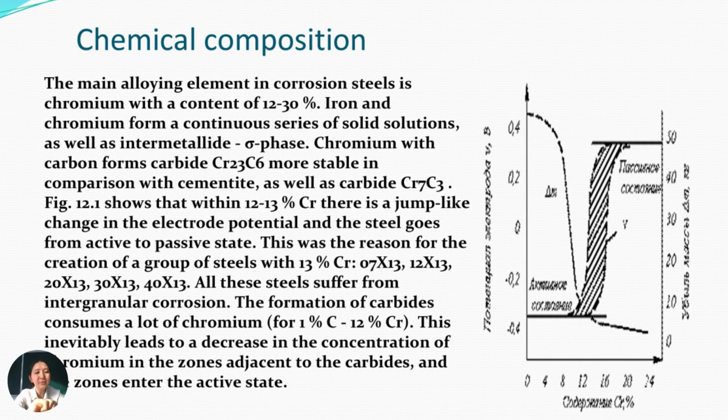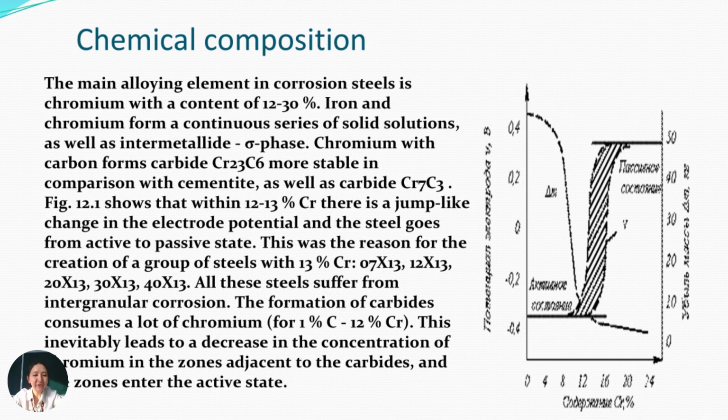Okay, the figure shows that within 20 and 30% chromium there is a jump-like change in the electrode potential, and it leads to the creation of a group of steels with 30% chromium, for example 07Kh30 and 20Kh30.